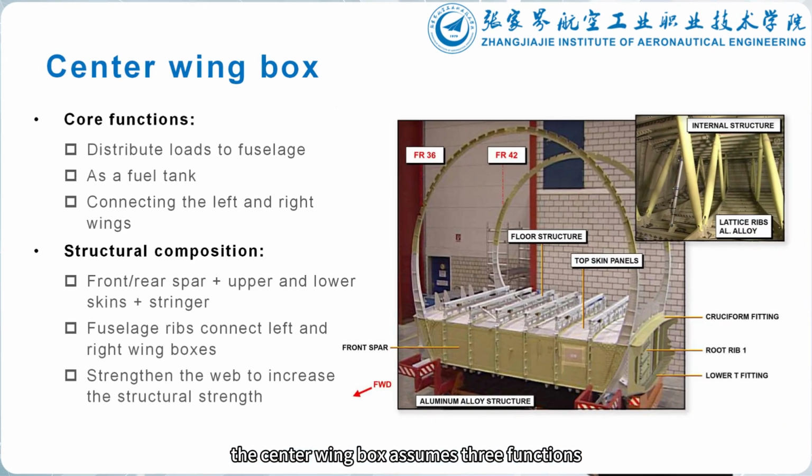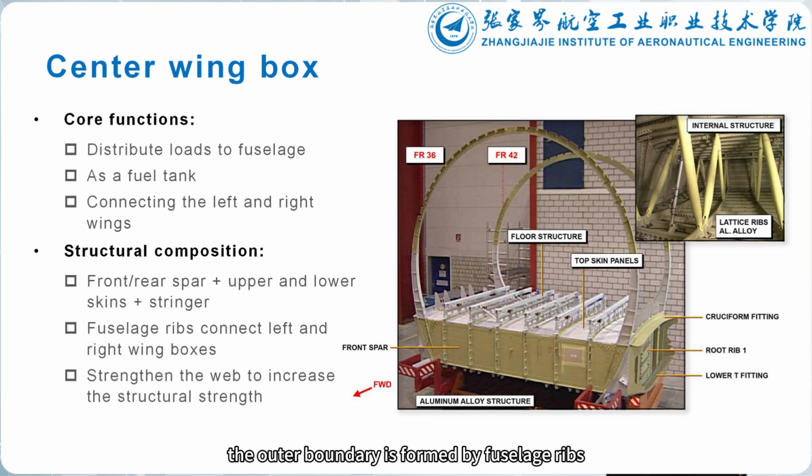The center wing box assumes three functions: transmitting the wing load to the fuselage, storing fuel as a fuel tank, and providing a connection fulcrum for the left and right wing boxes. Its structure consists of front, rear spars, upper and lower skins, and stringers.